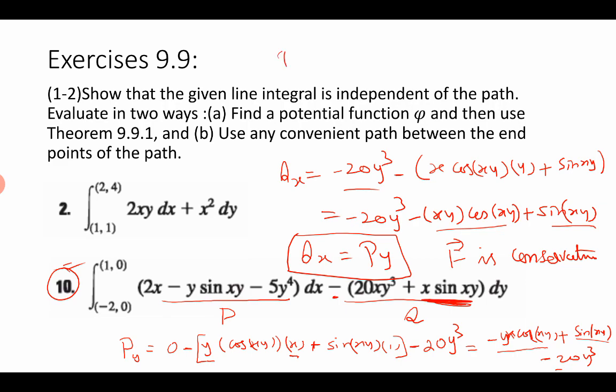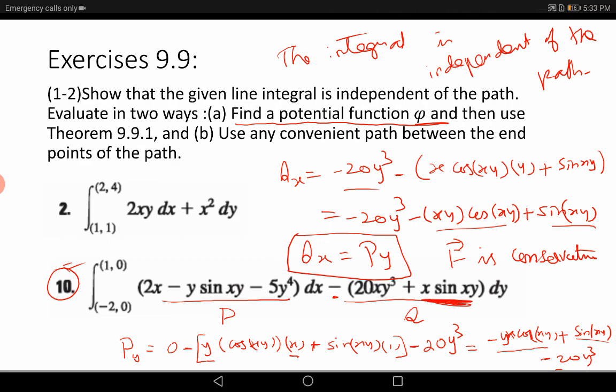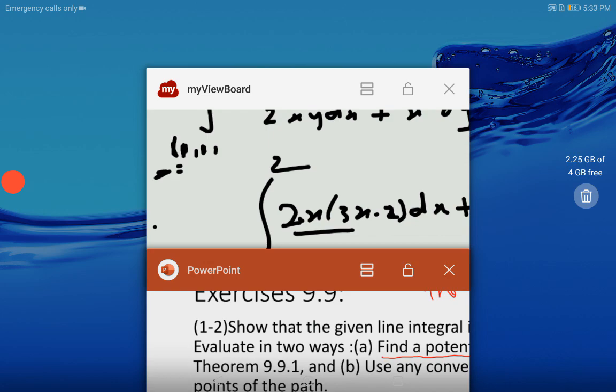Therefore the integral is independent of the path. That is the first conclusion. Next, find phi, the potential. Let's start solving the same problem on the white sheet.